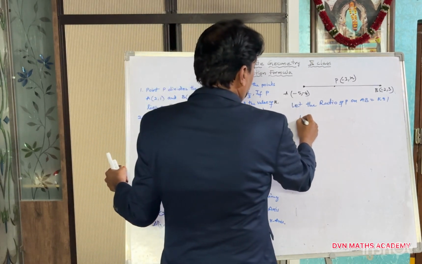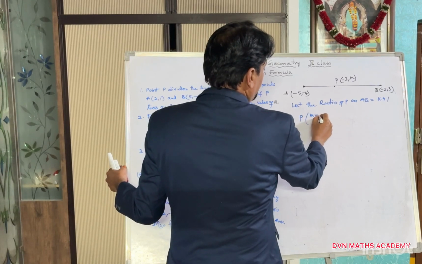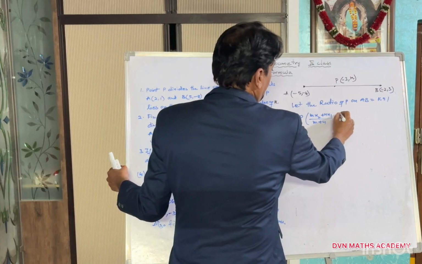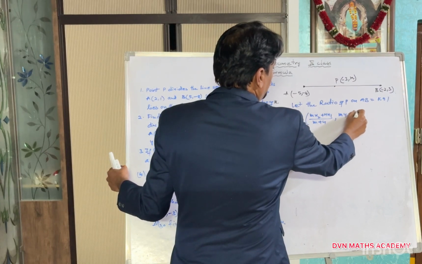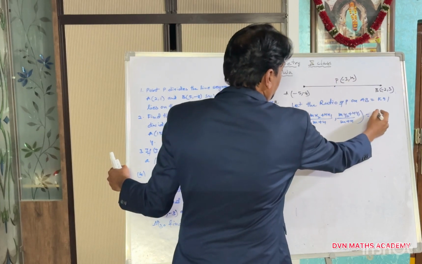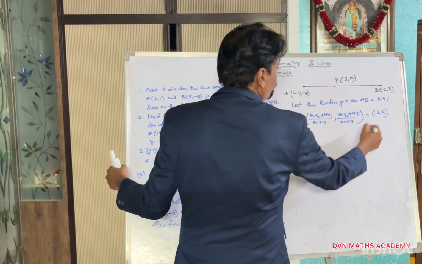Therefore, according to the section formula, P is (m x2 plus n x1) by (m plus n), and the other coordinate is (m y2 plus n y1) by (m plus n). The coordinates of P are given as (-3, k).